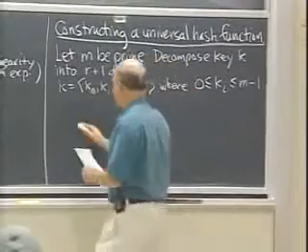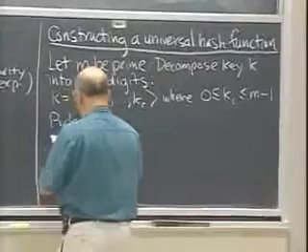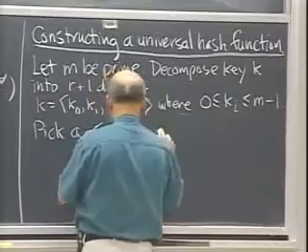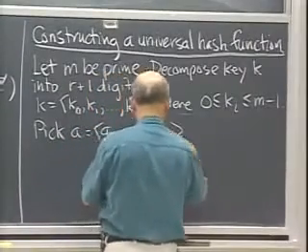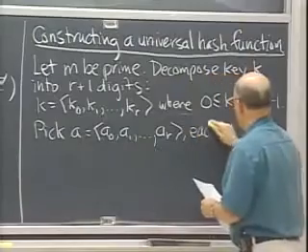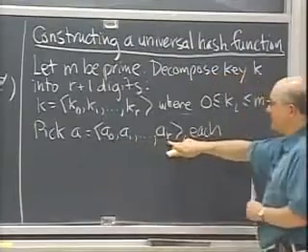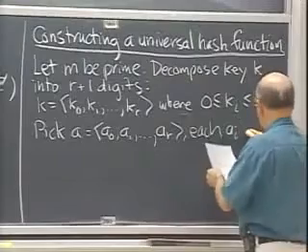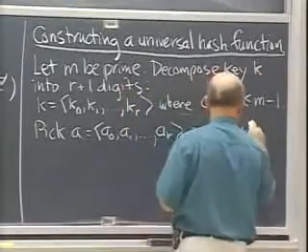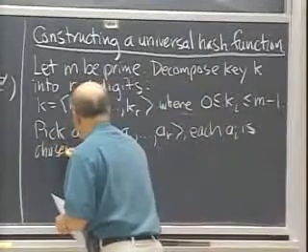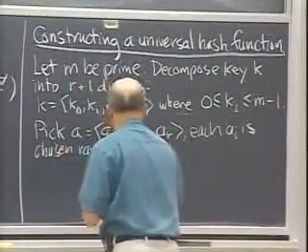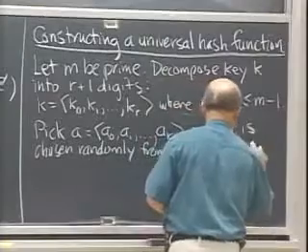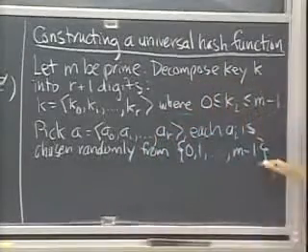And the random numbers we're going to pick: we're going to pick an a at random, which we're also going to look at as a base m number, where each a_i is chosen randomly from 0 to m minus 1.